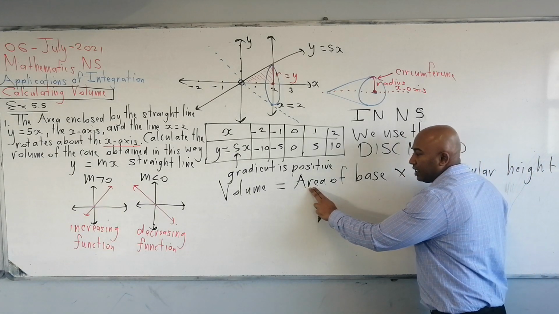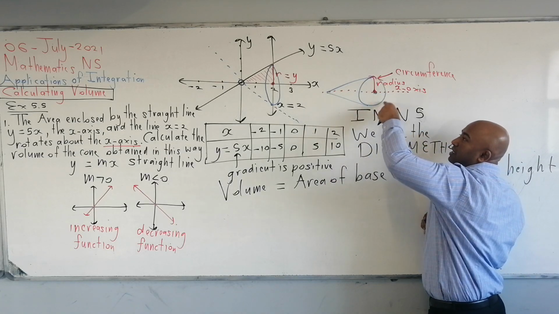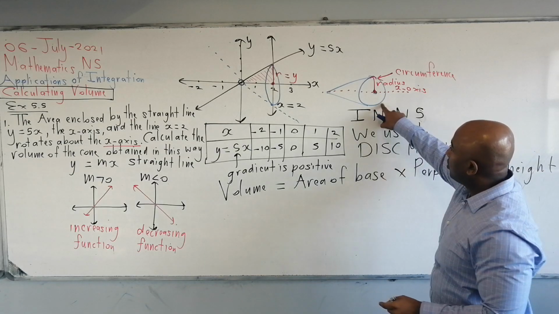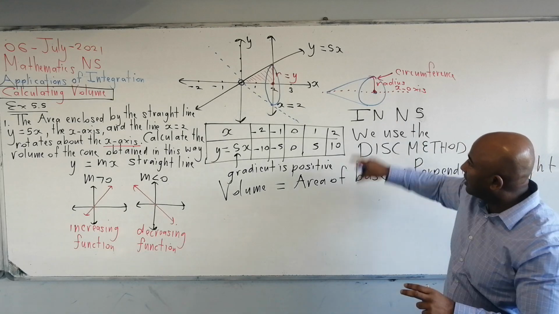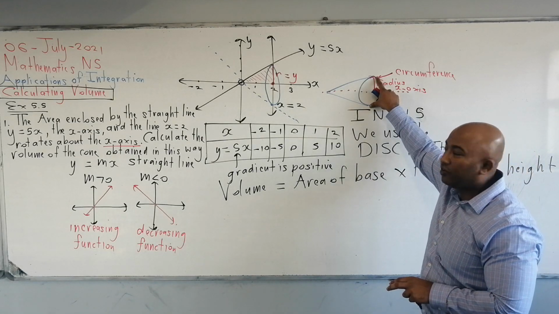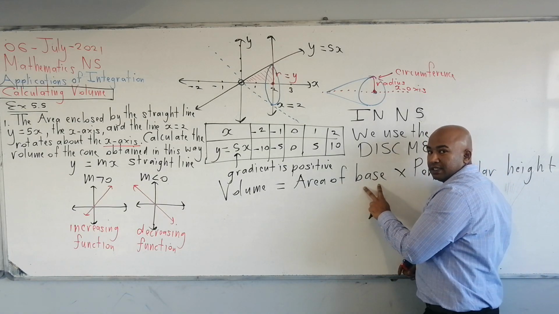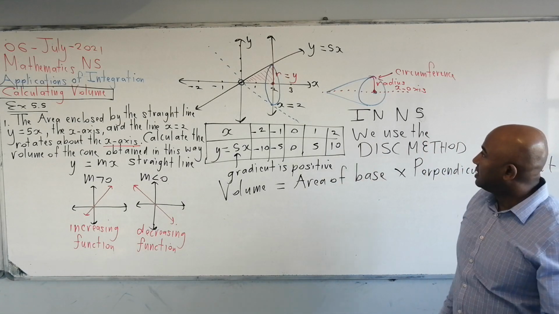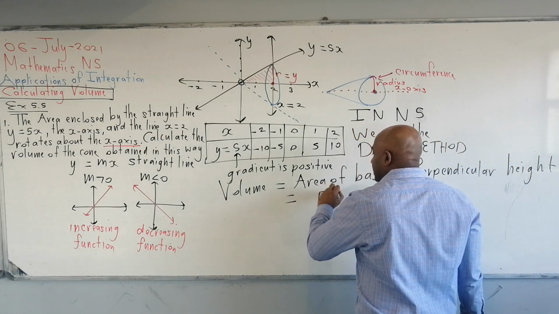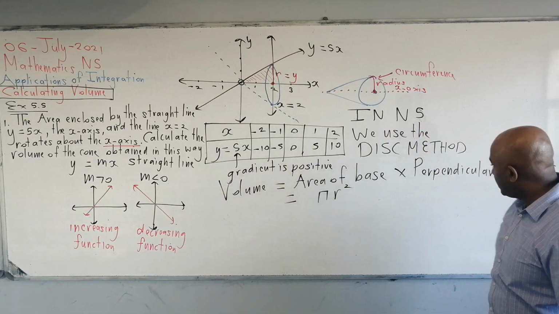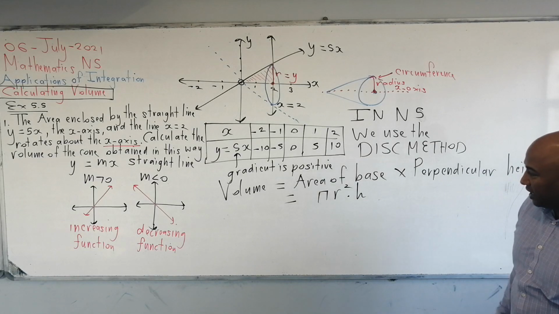Now, we are talking about area of the base. So basically the base is the bottom. So when you are rotating, a circle is formed. So basically area of the base means area of the circle. So what is the area of a circle? Area of a circle is pi r squared, and your perpendicular height, well, that's h for height.